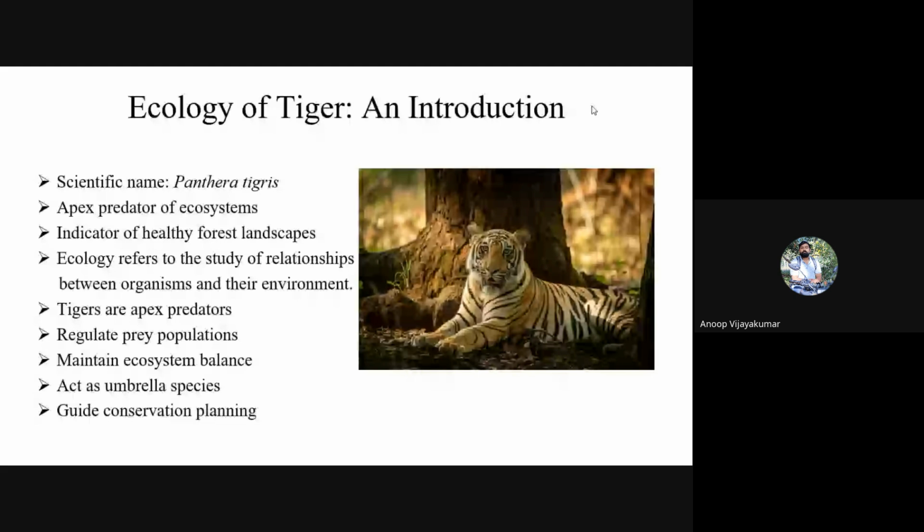And we can call tiger by some different terms. For example, we can call it an umbrella species, because they are taking care of all other species. Or a flagship species.